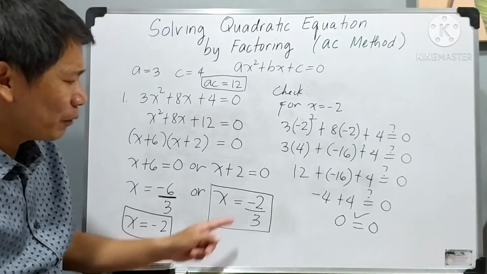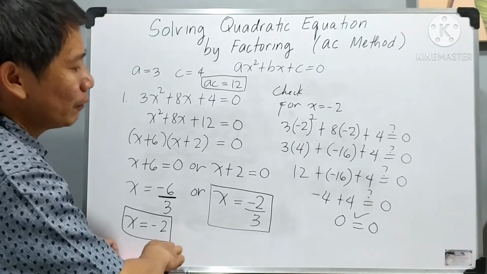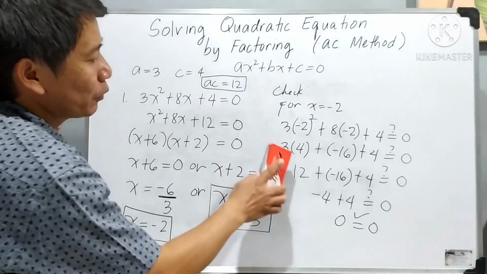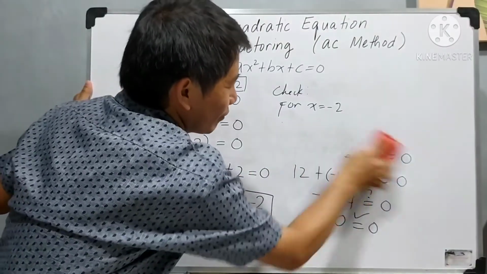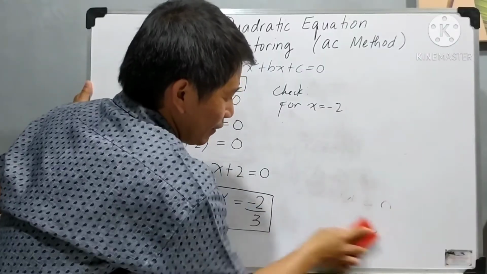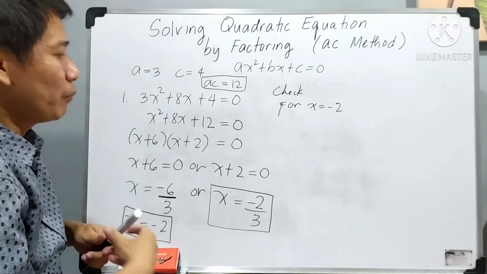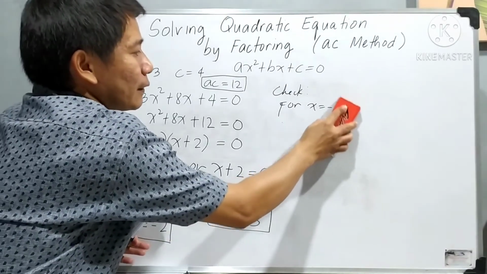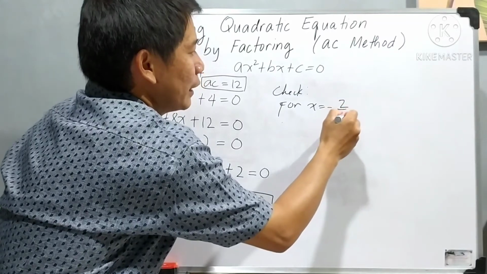Ang tanong, how about si negative 2/3? Let us see. Check natin for x equals negative 2/3. So, burahin muna natin to. Okay? At this point, our value of x is negative 2/3. Let us see.